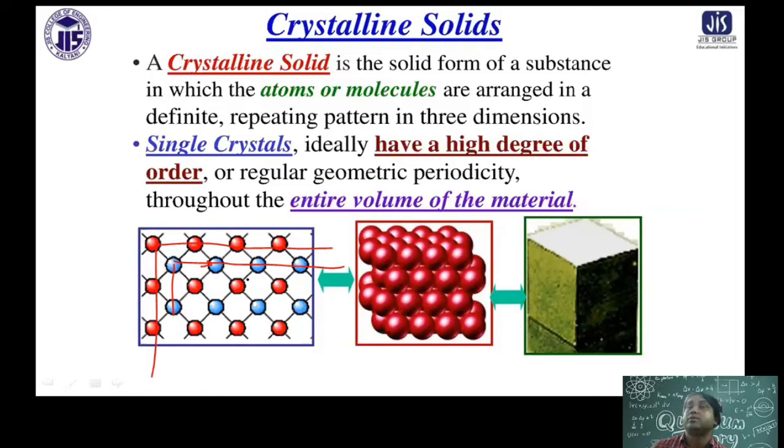What is the specialty of crystalline solid? They have got definite size and shape. So atoms making a crystalline solid are also placed in a definite position. There are some examples you can see there, and ultimately this is the solid.